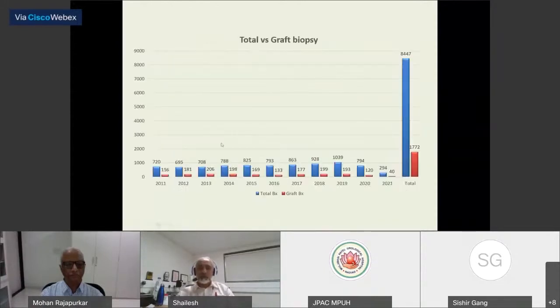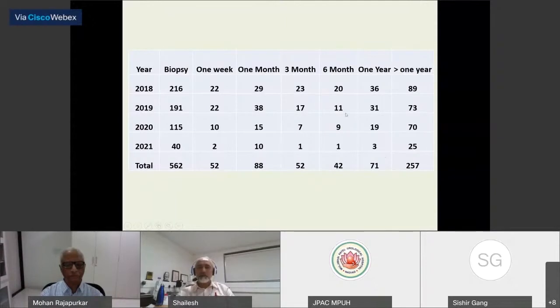Here is a graphic illustration, year-wise, of the number of total biopsies and graft biopsies. Here we see the breakup of these graft biopsies, with a total of 216 in 2018, then 191, 115, and 40 biopsies in 2021. The breakup is biopsies received in the first week, 1 month, 3 months, 6 months, 1 year, and more than 1 year, so a total of 257 biopsies.